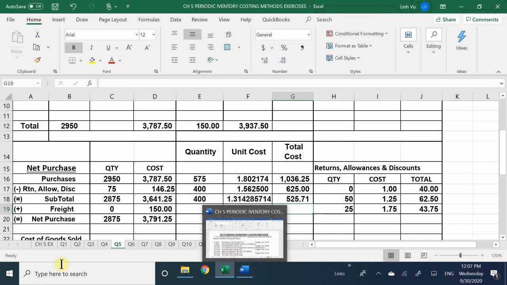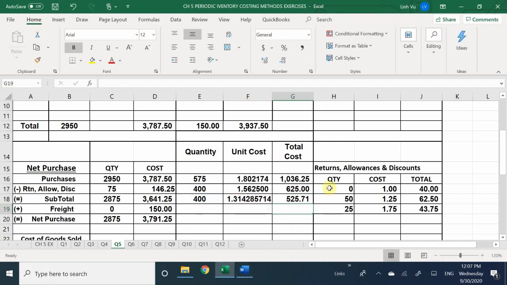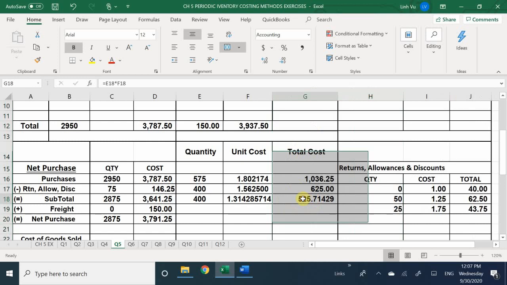And I get this number here, which, because we have that long number, we need to apply again our equal round formula, so that we don't end up off by a penny.